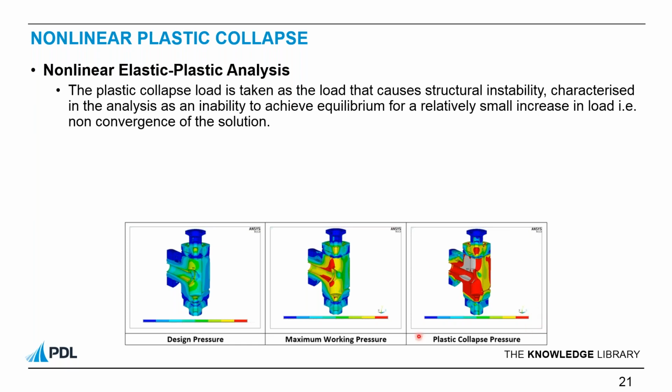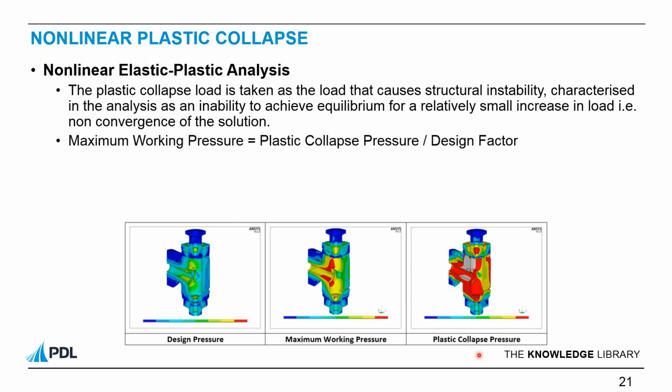So at this point, whatever pressure is being applied, we take that as the plastic collapse pressure. Applying code-specific design factors, we can reduce this plastic collapse pressure to a maximum working pressure, shown here in the middle, the stress distribution at that load level. Essentially, provided the maximum working pressure exceeds the design pressure, the component passes the assessment, as shown here.